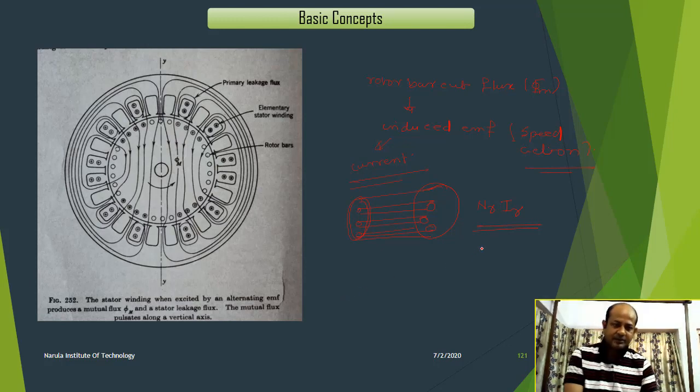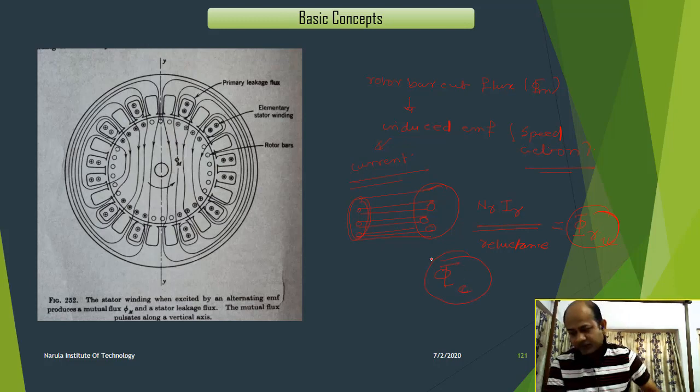Now if we divide these ampere turns by the reluctance of the rotor material, it will produce the flux inside the rotor, mainly denoted as phi c. So now a flux phi c is produced inside the rotor.